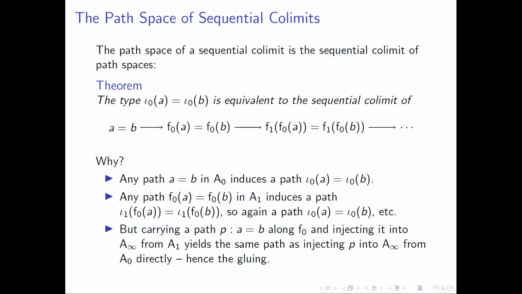And since we know that the injection of a from A0 coincides with the injection of F0 a from A1, this in fact again gives us a path between the two desired endpoints. But there is some gluing necessary, because if we start with the path p from a to b in A0, and then we carry it along F0 into A1, and then we inject into the colimit from A1, this doesn't gain anything interesting, because we could have just as well injected the path p itself directly from A0. So some gluing is necessary there.